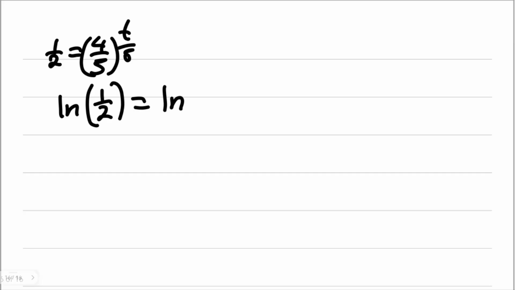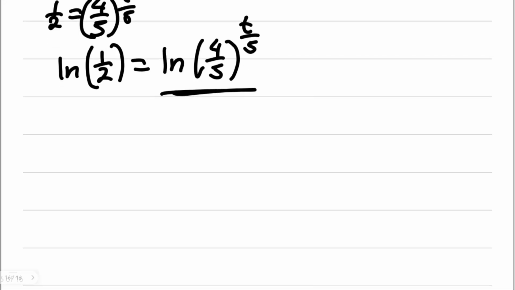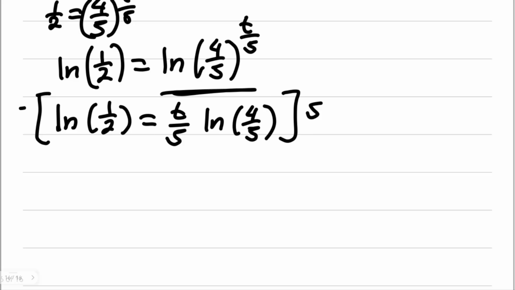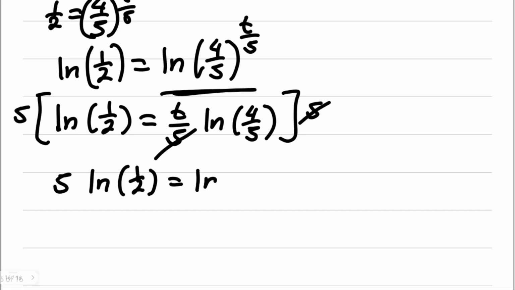equal to the natural logarithm of 4/5 to the power of t over 5. Using the rules for logarithms, the natural logarithm of 1/2 is equal to t over 5 times the natural logarithm of 4/5. Multiplying both sides by 5, you have 5 times the natural logarithm of 1/2 equal to t times the natural logarithm of 4/5.